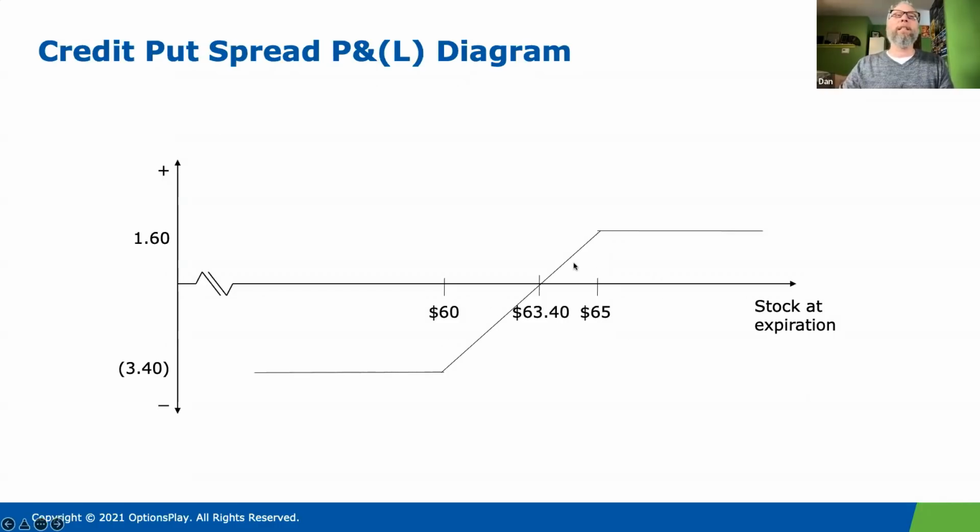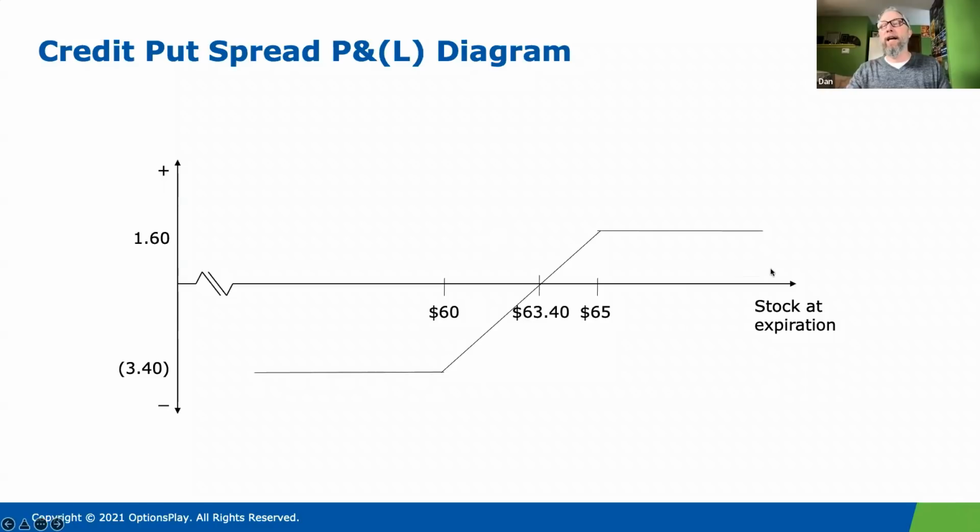If we think that this stock is going to explode up, this is a terrible trade. We'd much rather buy a call. If we think that the stock is going to fall a lot, this is a terrible trade too. It's better than just selling a put, but it's not good. So what did we just learn from that statement? Credit spreads in general, call or put, are good for low volatility environments.